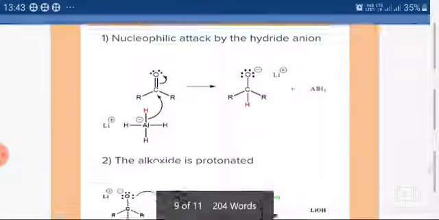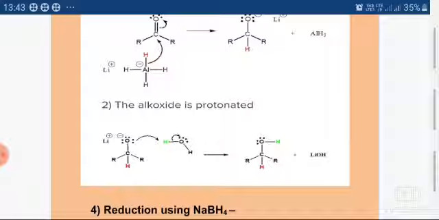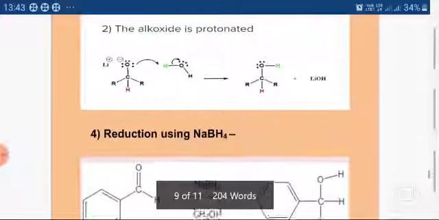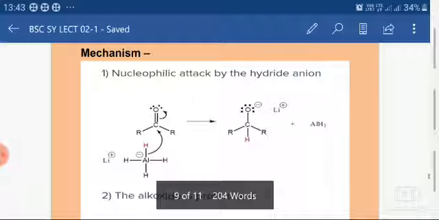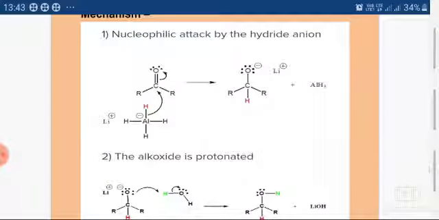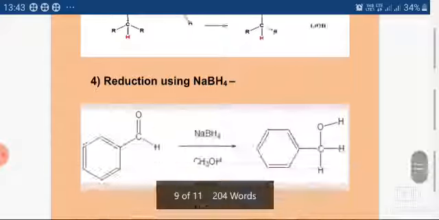Now this oxyanion is in the second step protonated with water to form an alcohol. See here, the alkoxide is abstracting the proton from the water to form alcohol and lithium hydroxide. This is a just 2 step mechanism. First is nucleophilic attack by the hydride ion. The second step is protonation of the alkoxide.